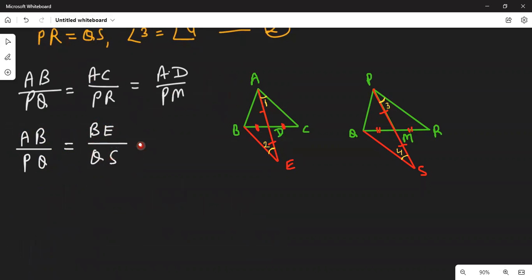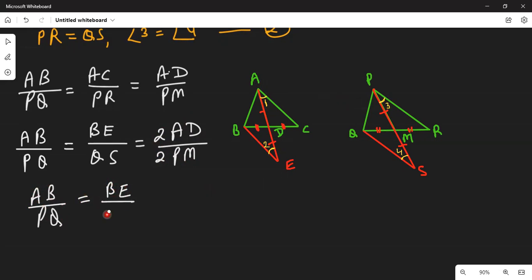And AD by PM, can we write it as 2AD by 2PM? Look, 2 and 2 get cancelled, so that has no effect at all. But 2AD can be written as AE. All right, so what did we get? AB by PQ is the same as BE by QS, and this is the same as AE over PS. That's very easy.